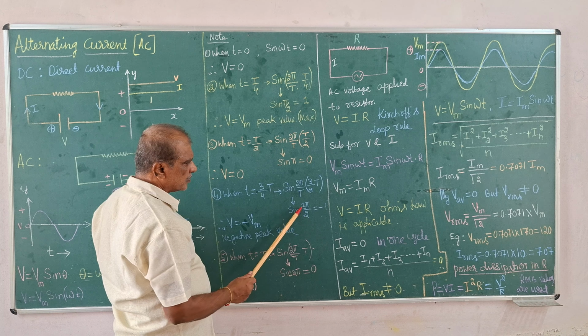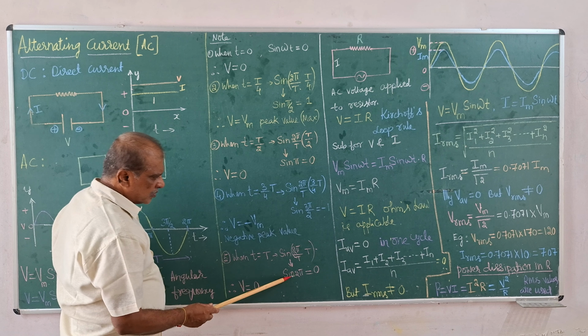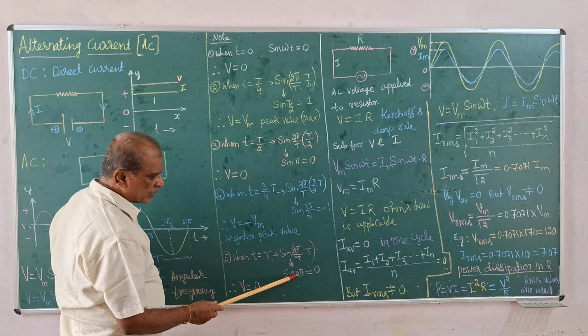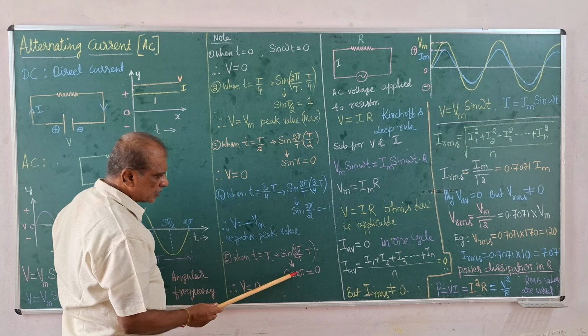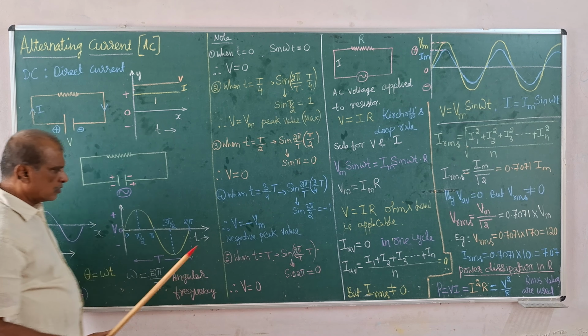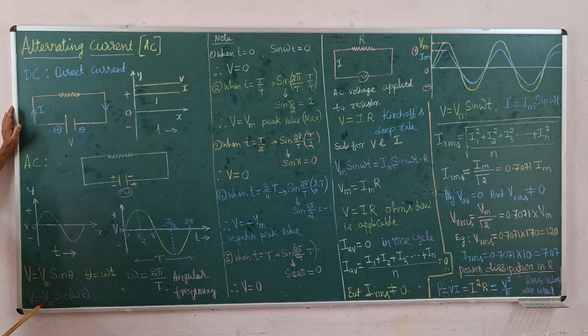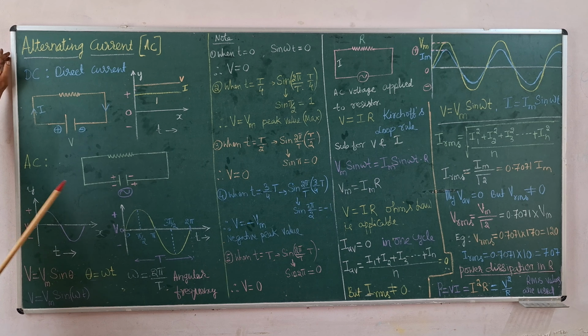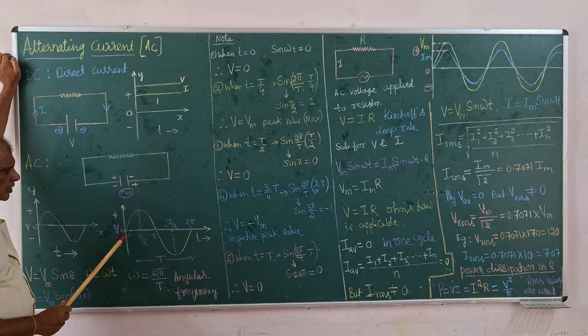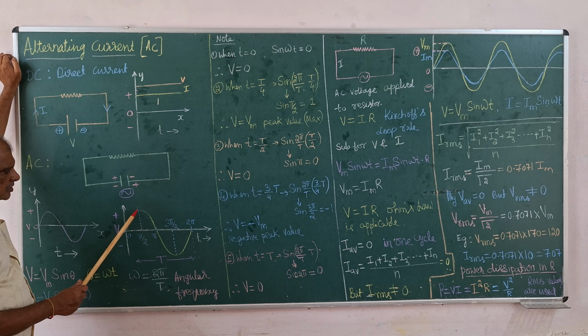And finally, we calculate at t equals T. Into the equation we get sin 2 pi, and sin 2 pi is 0. So v equals 0. Look at the angle variation: it increases from 0 in steps of pi by 2, that is, radians increase like this.